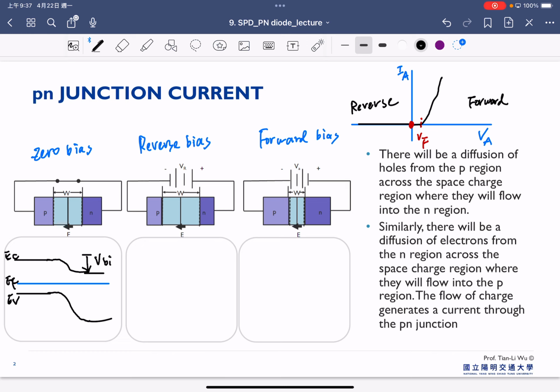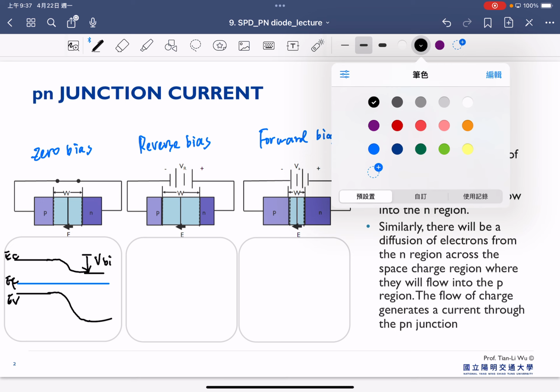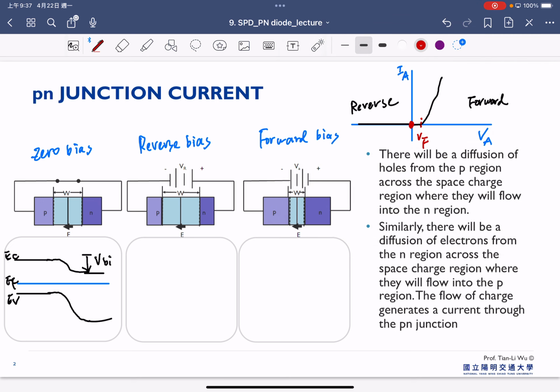Now if we consider reverse bias, it means that we apply VR, which is minus VA. In this case, we apply the negative voltage on the anode side, the P side, and the positive voltage on the N side, which is the cathode side.